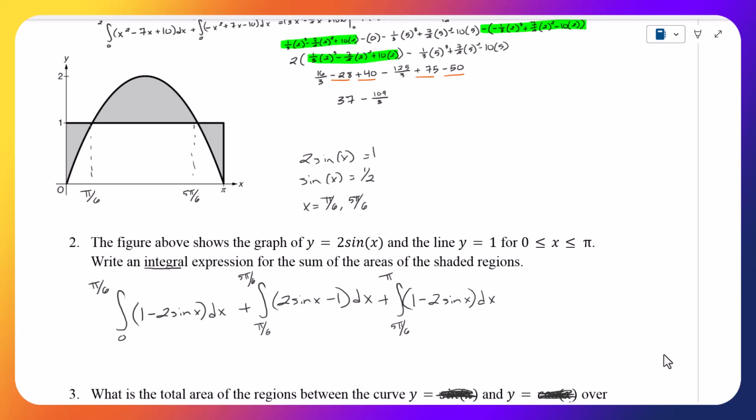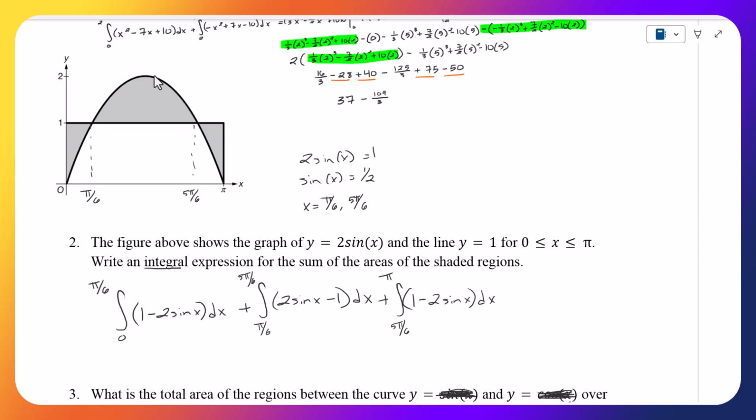Okay, I'm back and I wrote it out. I'll talk us through it a little bit. So I just looked at each area. Our first area was going from 0 to pi over 6, so I got these bounds. And our top function was the 1, so I did 1 minus our bottom function, 2 sine x dx. Then I just moved to our middle piece. What are the bounds? Pi over 6 to 5 pi over 6.